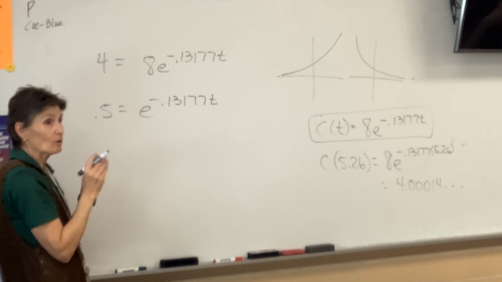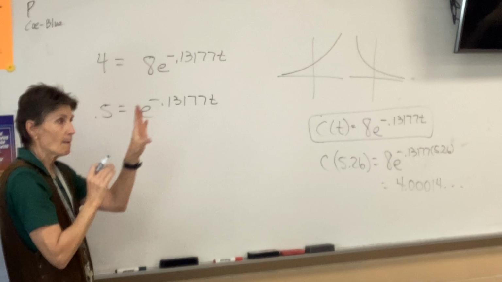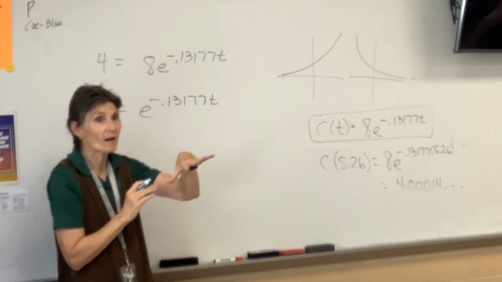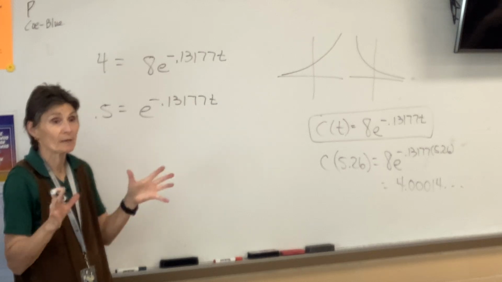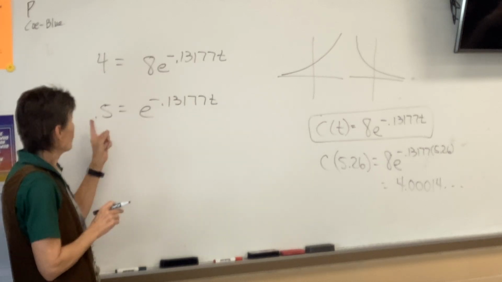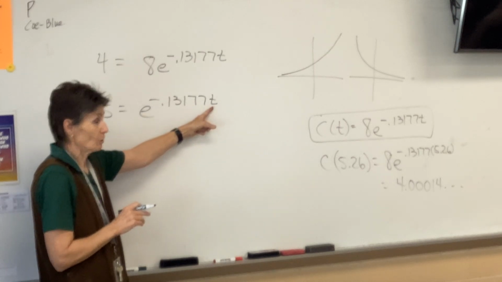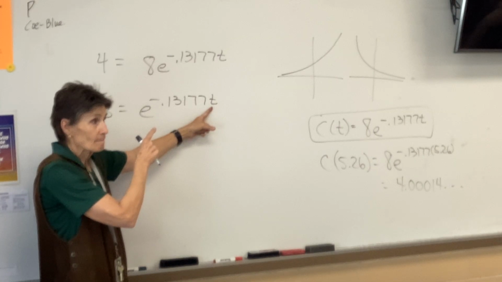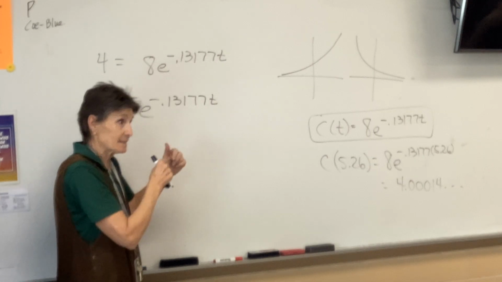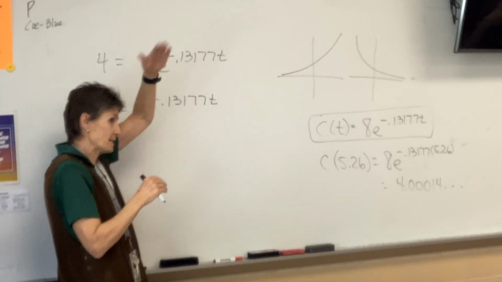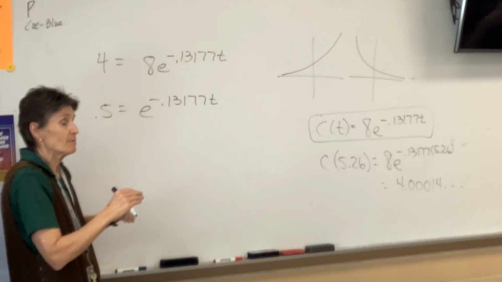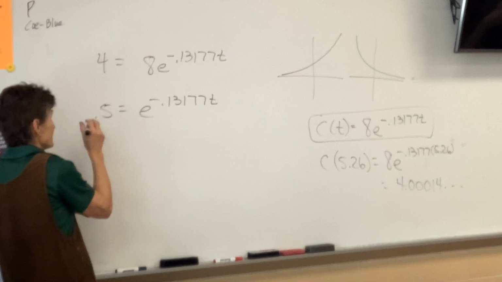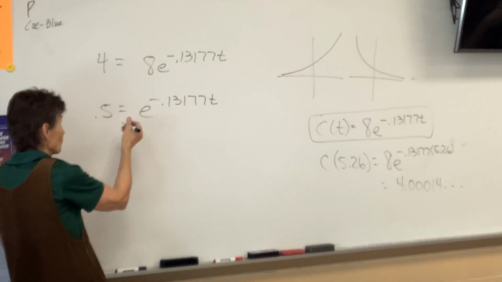Now, we could solve this graphically, but I want to do what he said because we have to know how to use logarithms in this unit. So, when I have an exponential, when my variable is the exponent, I need to get it down. I can't solve for it when it's up high. I need to get it down, and the only way to get it down is to use a logarithm.